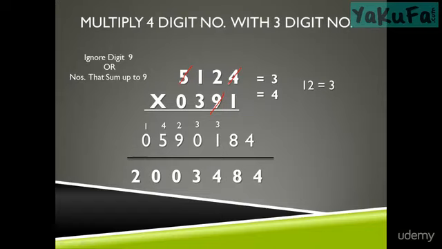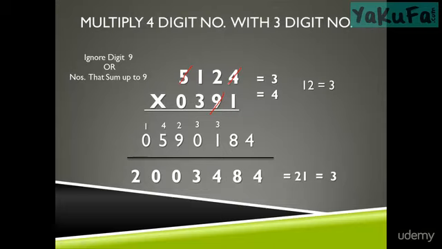Similarly in our answer, unfortunately we don't have any 9s or any numbers which make the sum 9. So we'll just do a normal calculation. The sum of these numbers is 21, so 2 plus 1 is again 3.